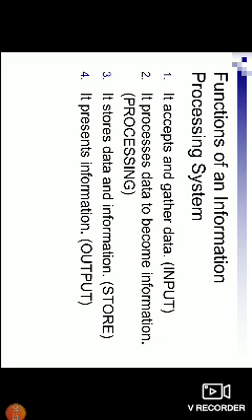The main computer accepts and gathers the data using the input device, and processes the data to become information. It stores data and information, which is used for storing the information on a hard disk drive. And next it presents the information, that is output, mainly on a monitor or a printer.